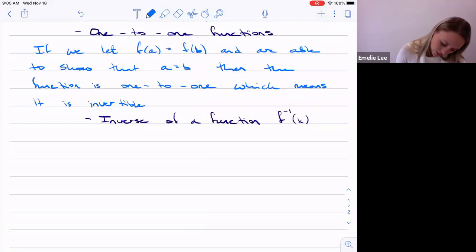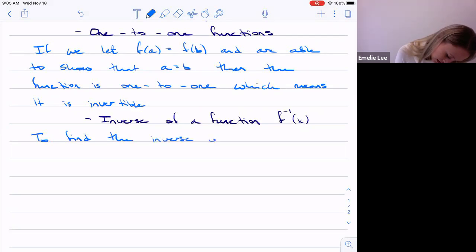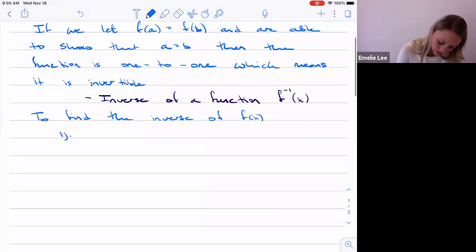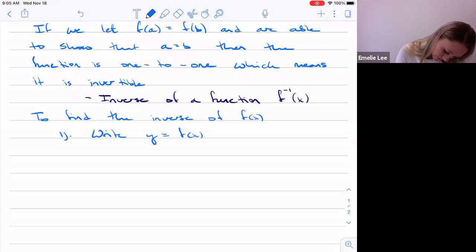So what we do is to find the inverse of f of x. Step 1, y equals f of x.